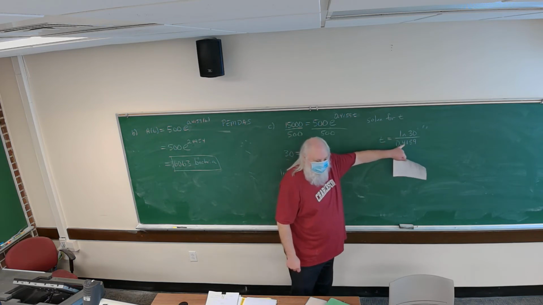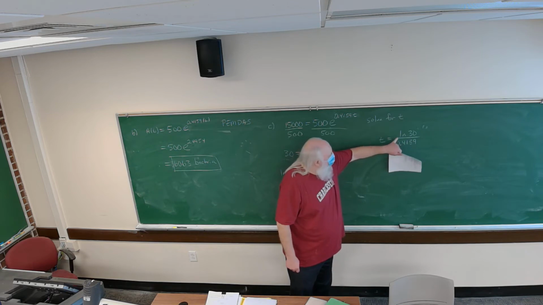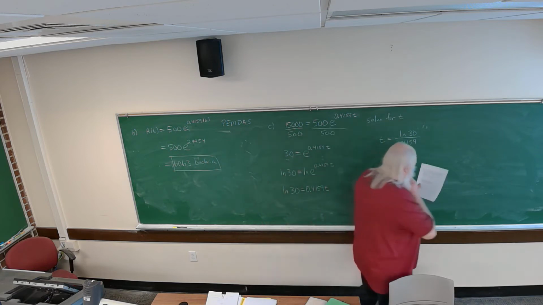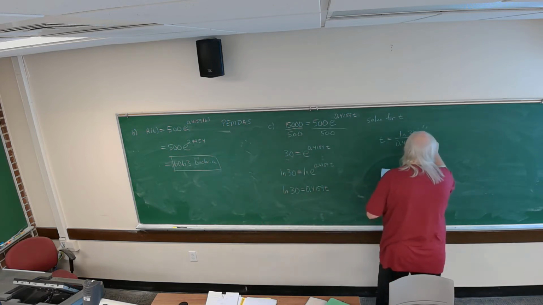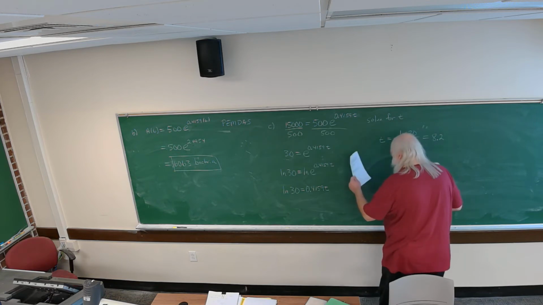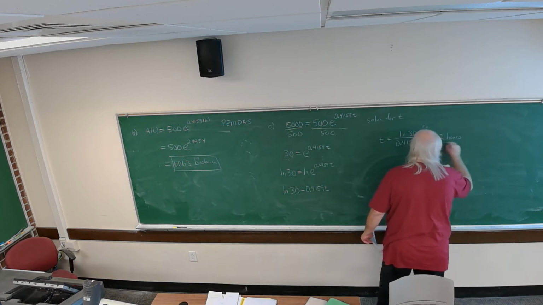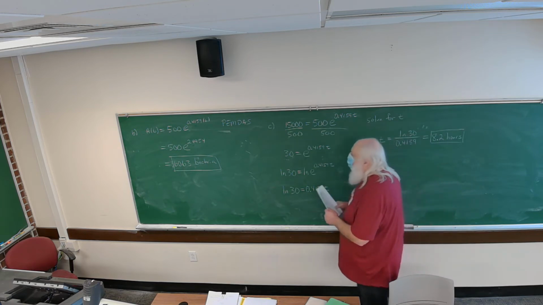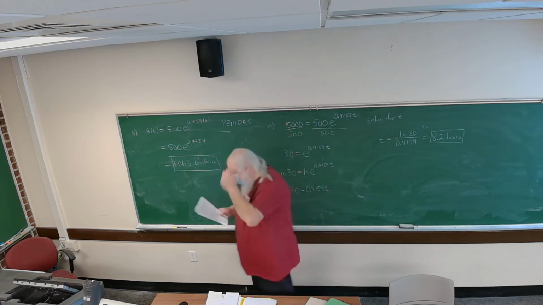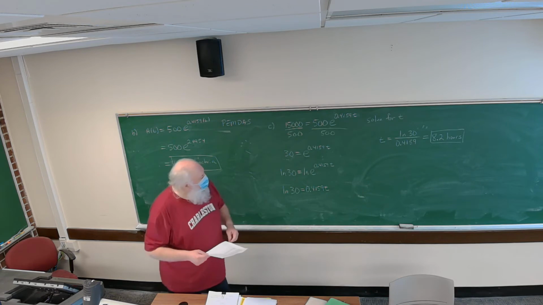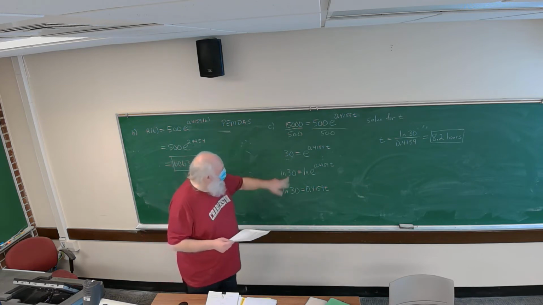Take the natural log of 30, hit enter, leave whatever that value is in your display, and then divide it by 0.4159. And I got the value of T, rounding to the first decimal place, 8.2 hours. So it's going to take 8.2 hours for the population of bacteria to go from 500 to 15,000.